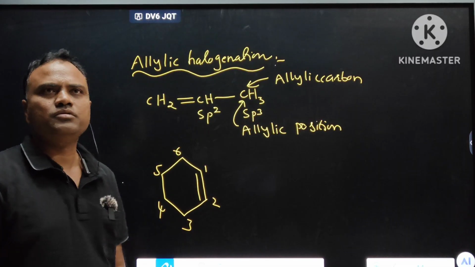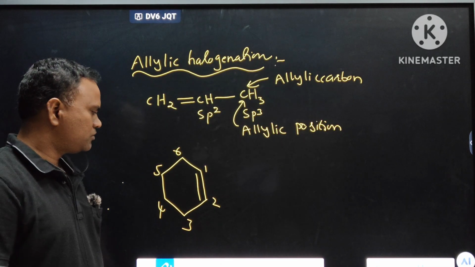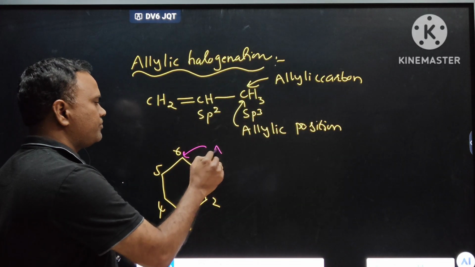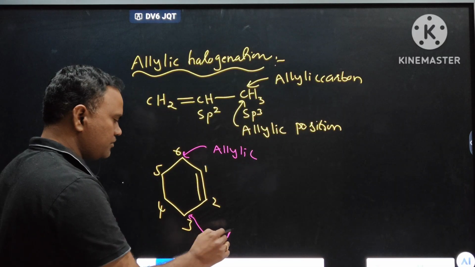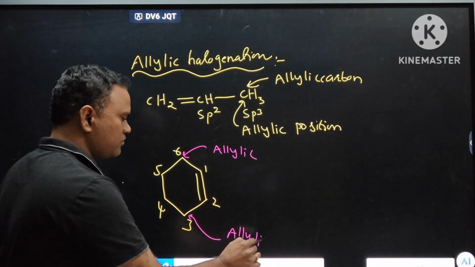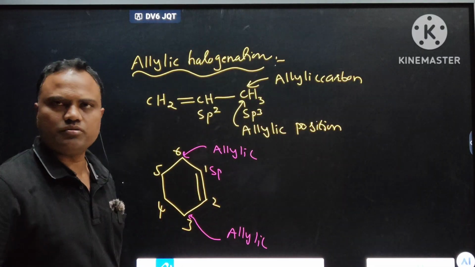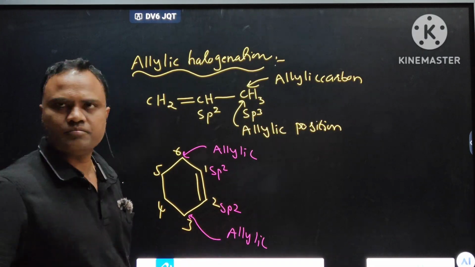Online students. Three and 6. This is allylic. This is also allylic. Why? Because see, the first carbon is sp2 hybridized, the second carbon is also sp2 hybridized.